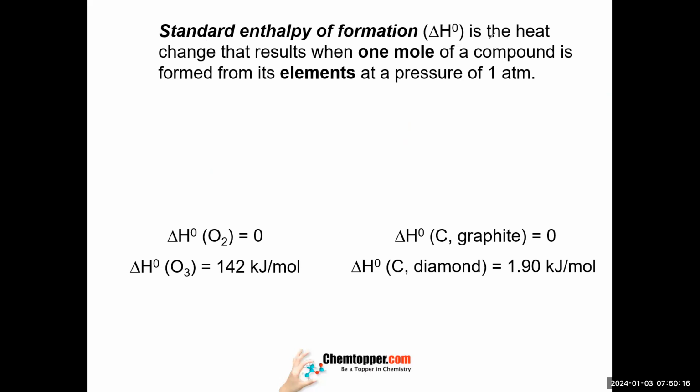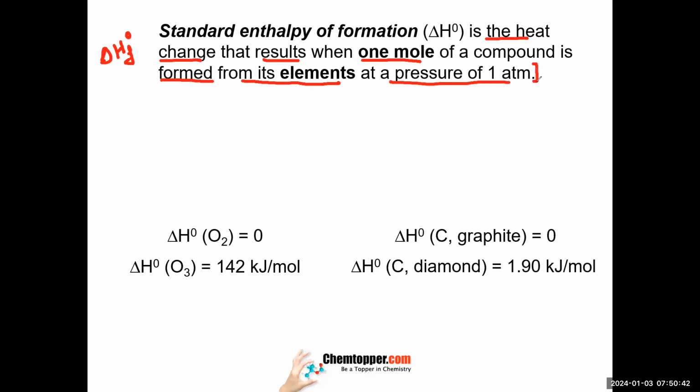It is the heat change, meaning delta H naught formation, F here, that results when 1 mole of the compound is formed from its elements at a pressure of 1 atm.